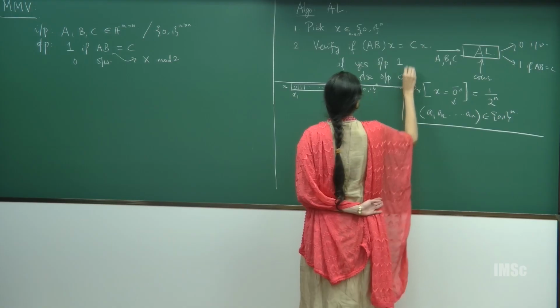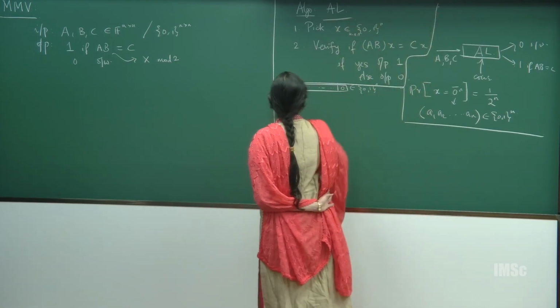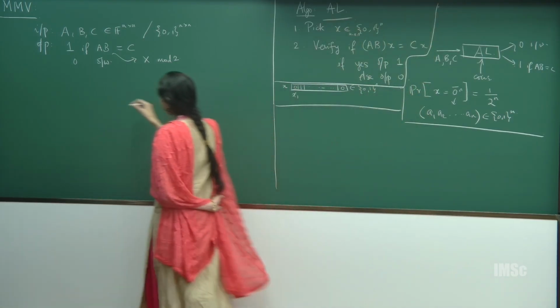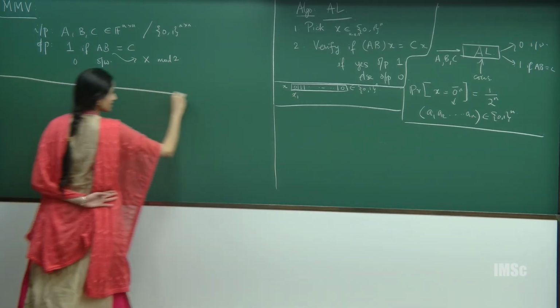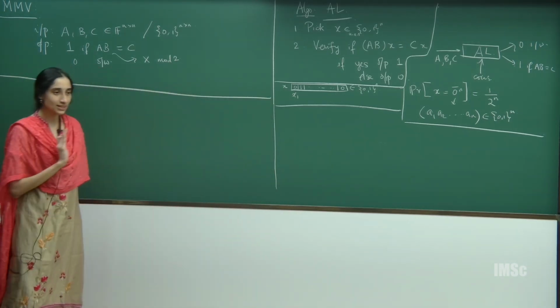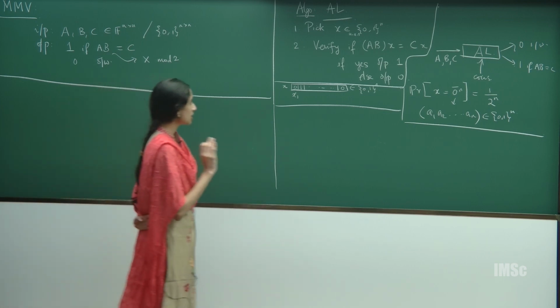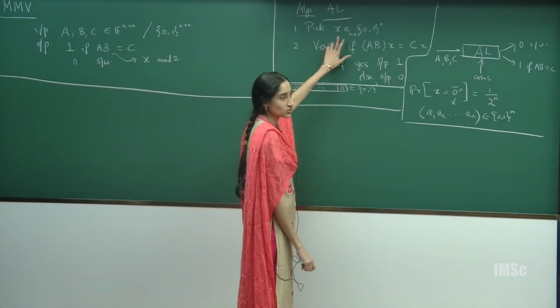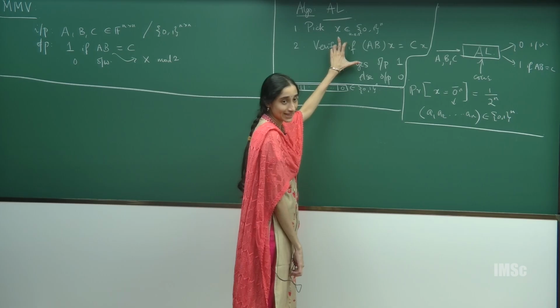So this is the algorithm. So why is this algorithm correct, or how correct is this algorithm? So the algorithm is clear. The machine is going to toss a coin n times.